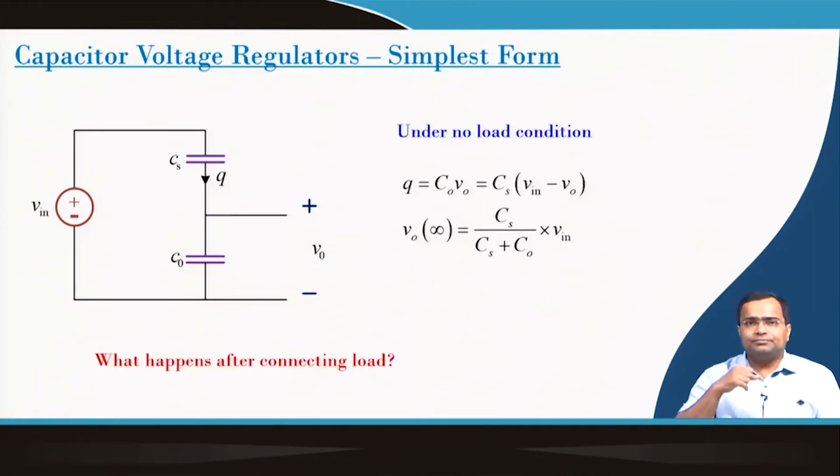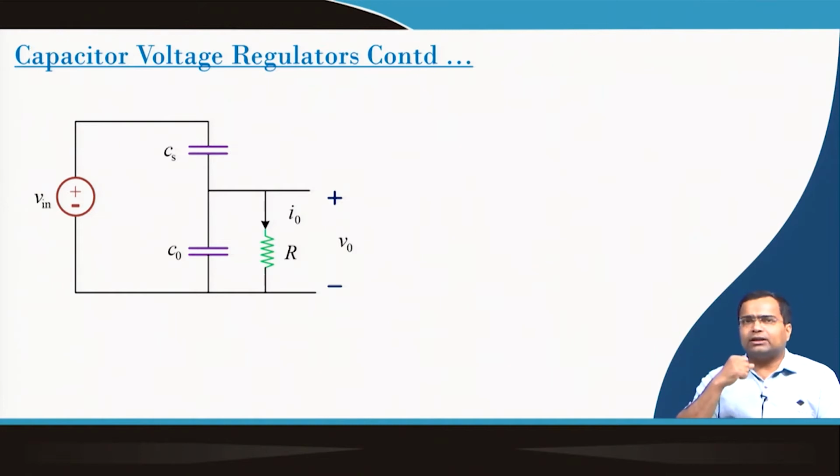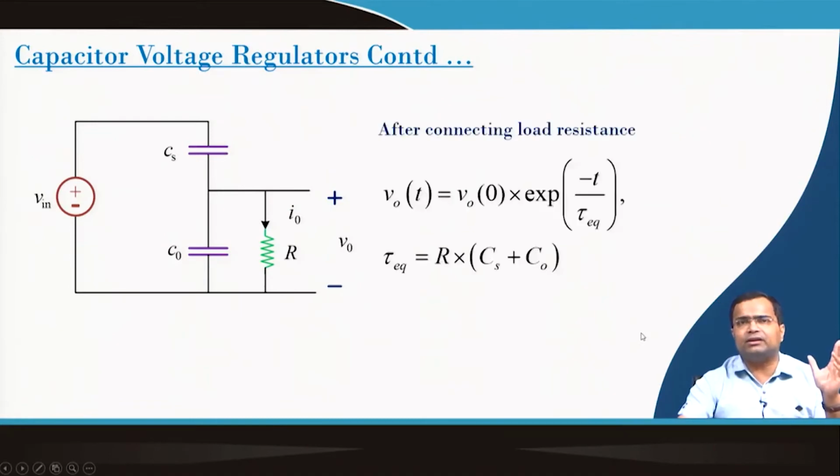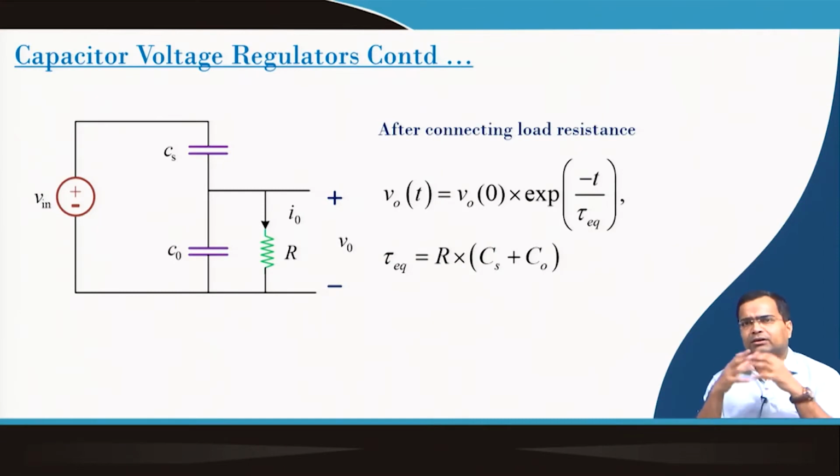But what happens if we connect a load? That means we connect a load resistance across the output capacitance C0. Once we connect the load, we can write a very simple equation. In fact, it can be represented by a first order system, where the output voltage can be written as the initial voltage times e to the power of minus t by tau equivalent.